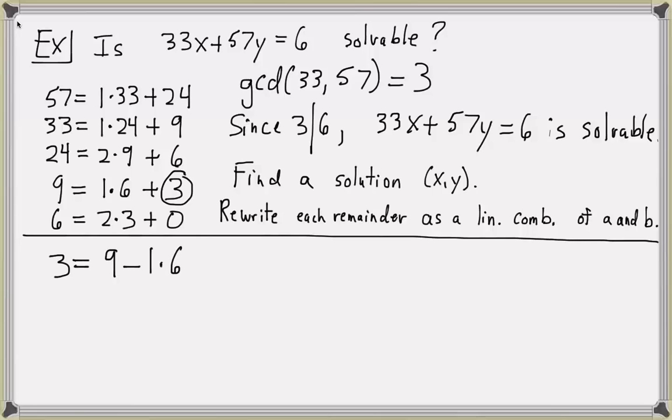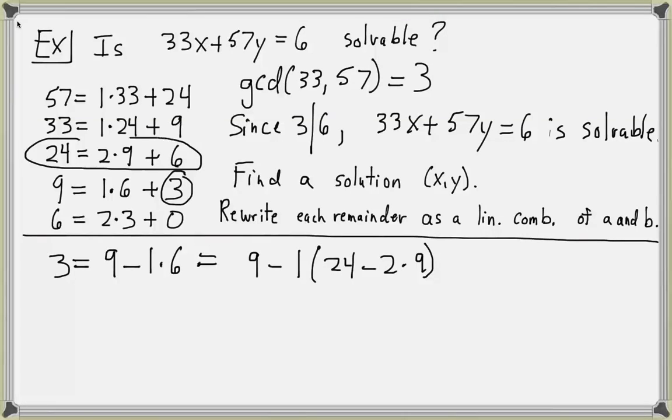But from the middle equation, with remainder 6, I can rewrite 6 as 24 minus 2 times 9. So I'm going to replace 6 with 24 minus 2 times 9.